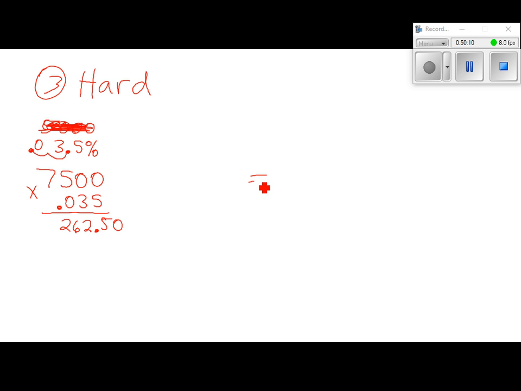Now what we gotta do is take this number and subtract it from what? How much total commission she made. $822.40, and we're gonna subtract off the 262.50.